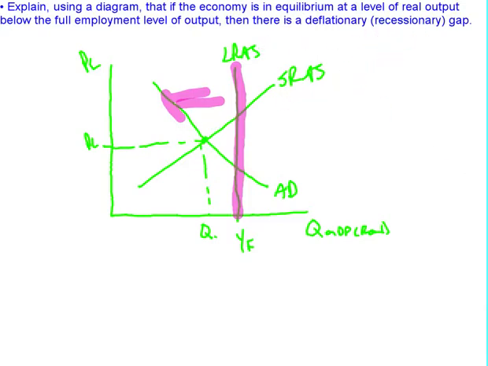They call it a deflationary gap because we're assuming we were here, and then aggregate demand shifted to the left, and so now we've had deflation. The deflationary gap is the distance between the current GDP and the potential or full employment GDP. So this would be our deflationary or recessionary gap.